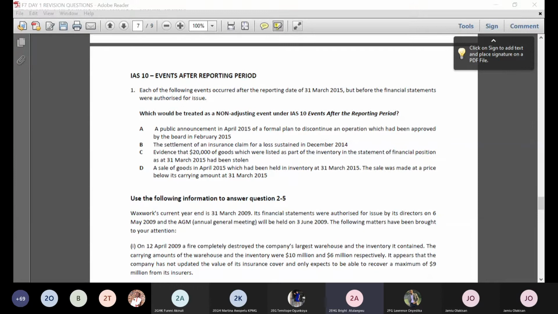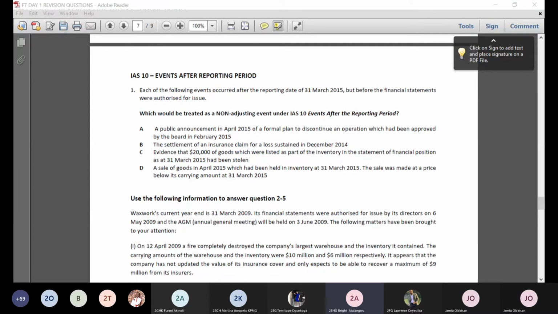Okay, which of the following would be treated as a non-adjusting event under IAS 10, events after the reporting period? Which of the following events occurred after the reporting date of 31st March 2015, but before the financial statements were authorized for issue? A. Public announcement in April of 2015 of a formal plan to discontinue an operation which had been approved by the board in February 2015.